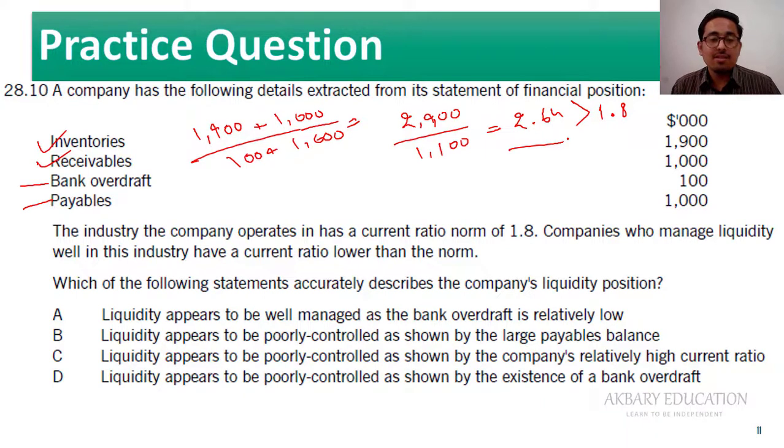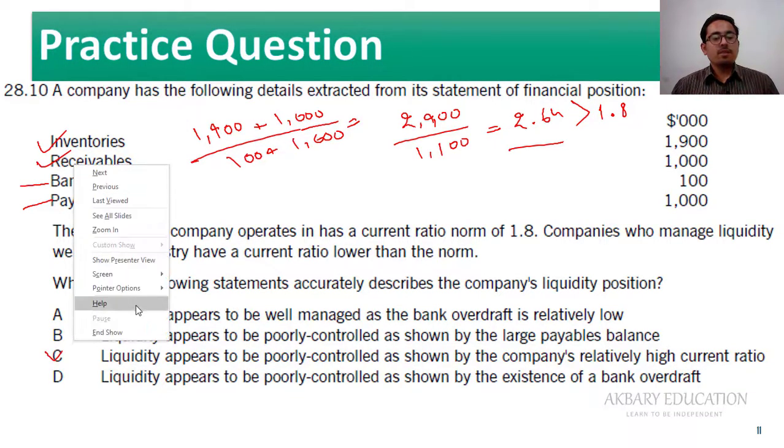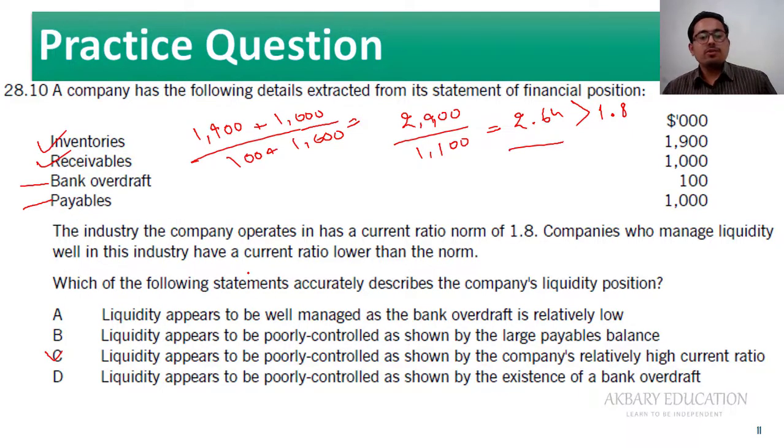It does not affect it that much, and it cannot be the only reason for this bad liquidity position. So the better option to select here is option C, which indicates that the company is in a bad position in comparison to the norm of the industry. That was the point.